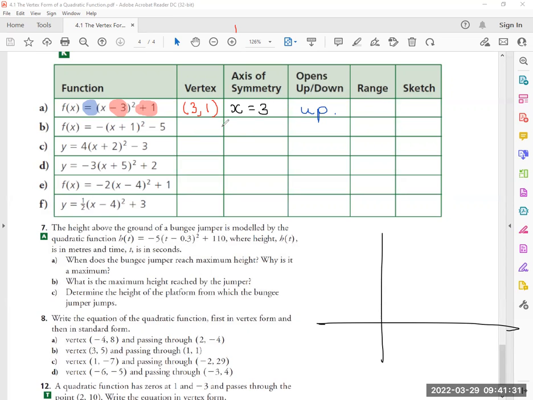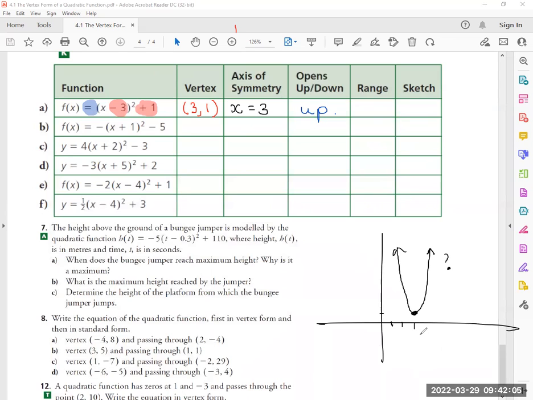My vertex is going to be x = 3, y = 1. It's going to be there, and it's opening up, so it's going to look something like this. I don't know what the a value is. Well, it's a 1. I do know it. But I'm not interested in that right now. I want to see the range. By quickly sketching it, I have an idea of how high or how low it goes. What is the range of this parabola?